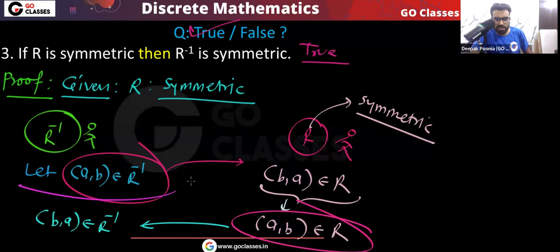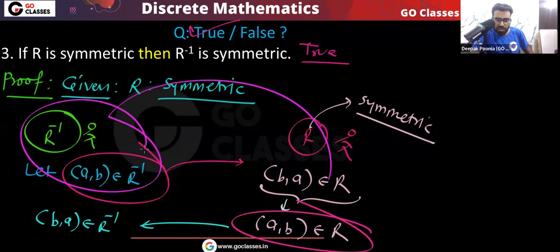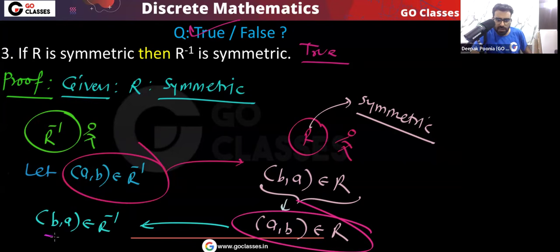We assumed that AB belongs to R inverse, and we wanted to check whether BA belongs to R inverse. Starting from here, I derive that BA also belongs to R inverse. So I can say that if R is symmetric, then R inverse is also symmetric.